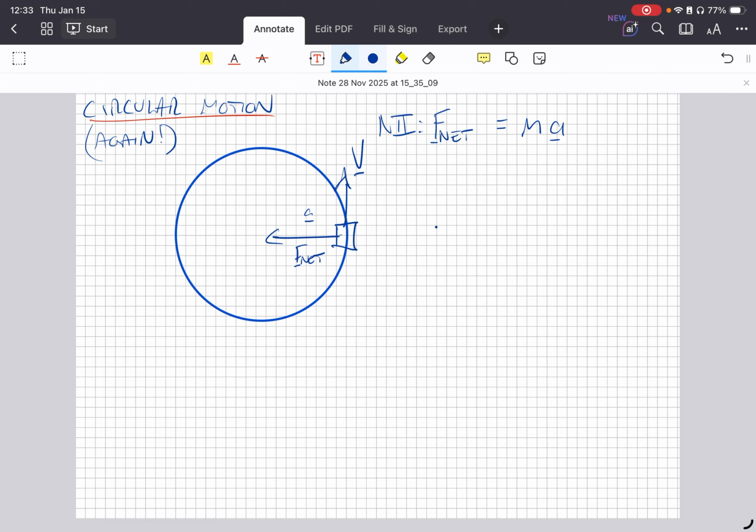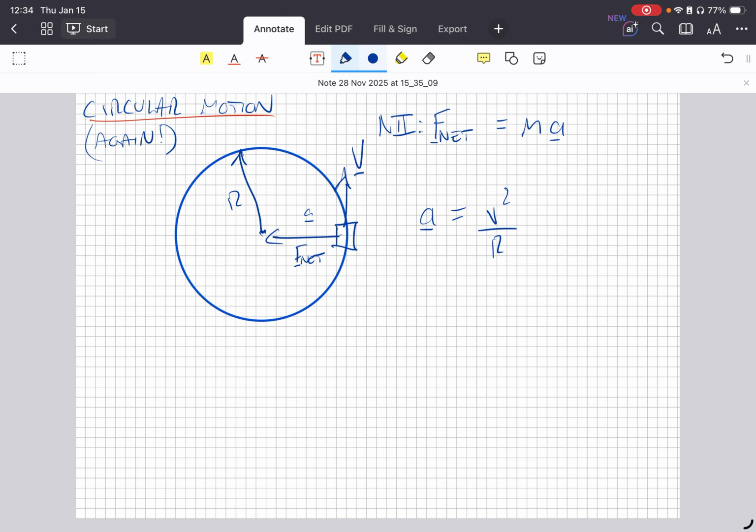Well, if you look back at your notes for the circular motion part of the course, we find that the acceleration of something moving in a circle is given by v squared over r, where r is the radius of the circle. So we have some radius here. That's that distance. And of course the direction of this is then perpendicular to v.